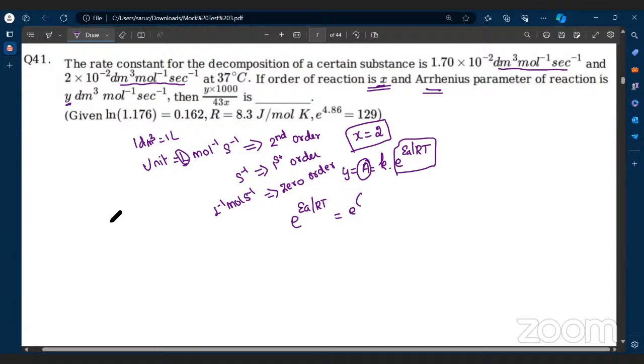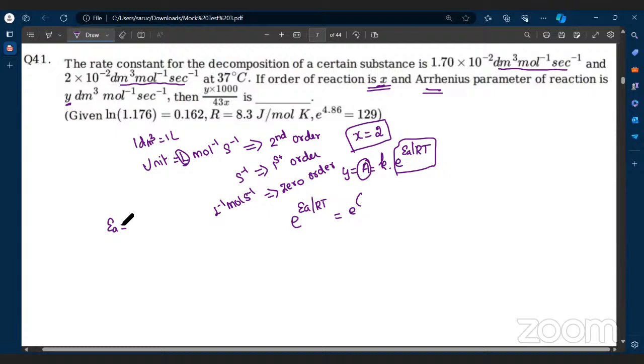So how will you calculate Ea, the activation energy? What is the formula to calculate the activation energy?